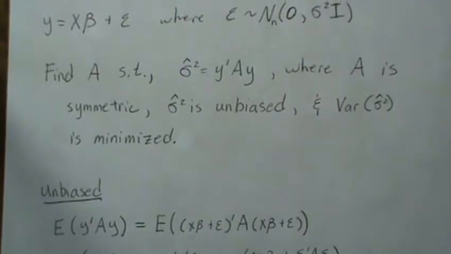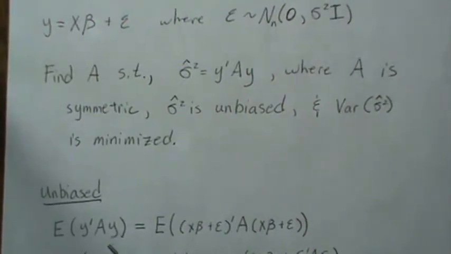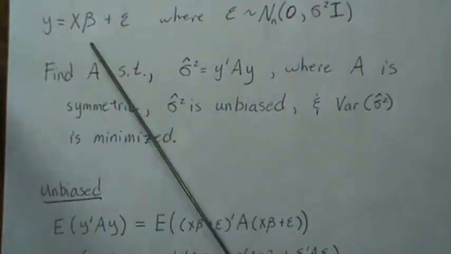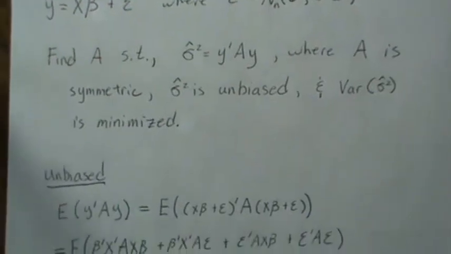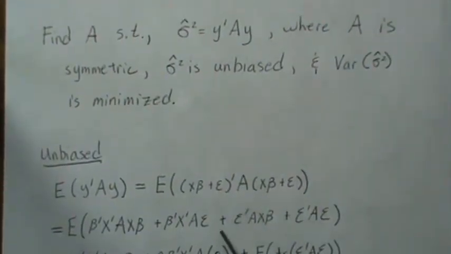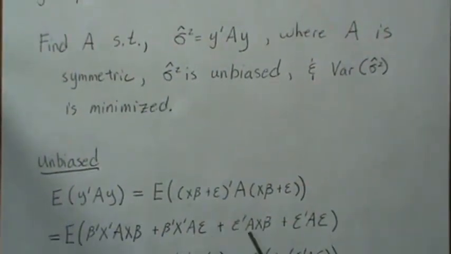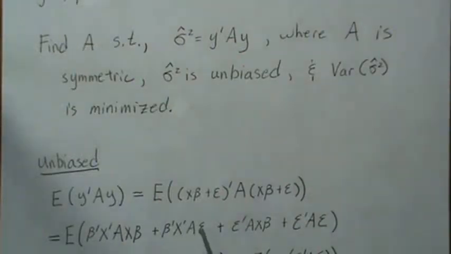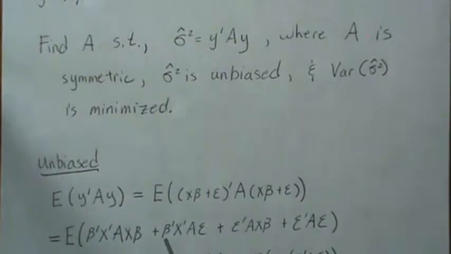So let's look at what it means to be unbiased. Let's just take the expected value of our estimator. Well, substituting in for y, for each y, and multiplying this out, matrix multiplication, okay, noting that this is a number, so this is a 1 by 1 element.